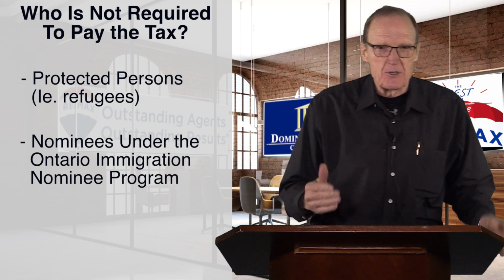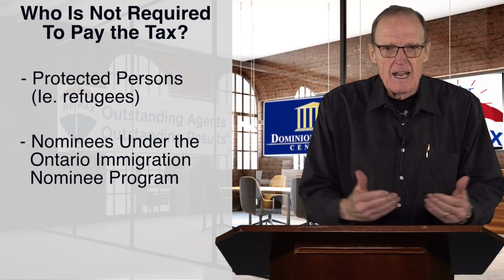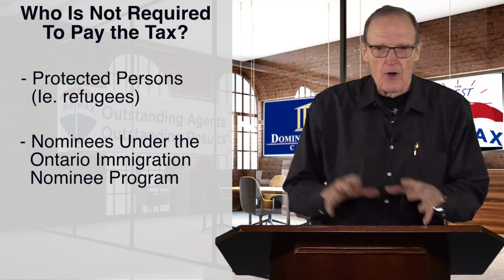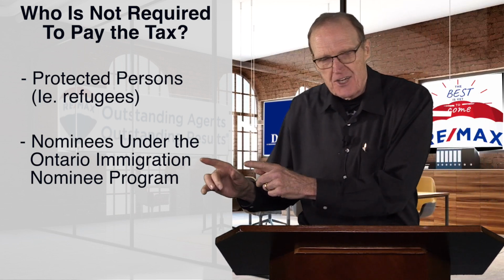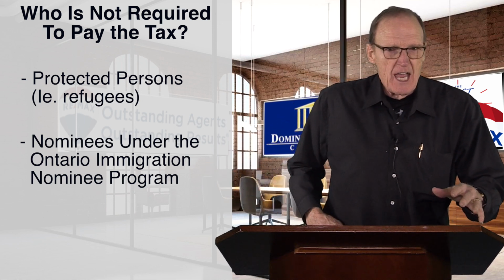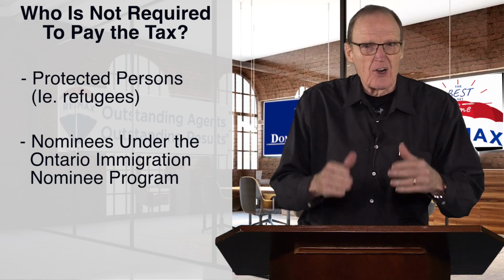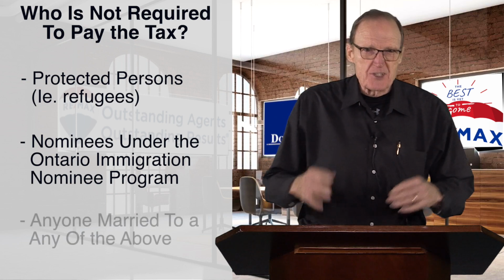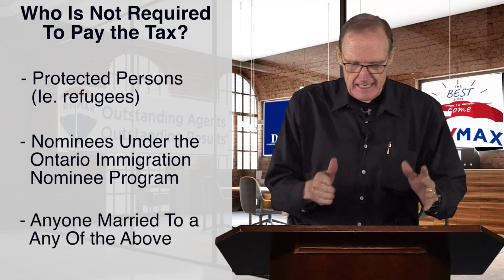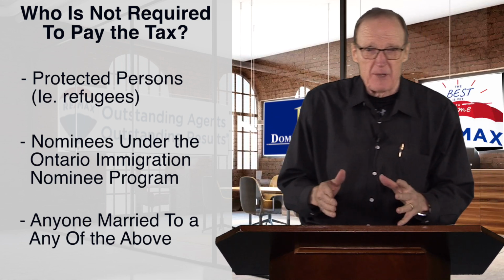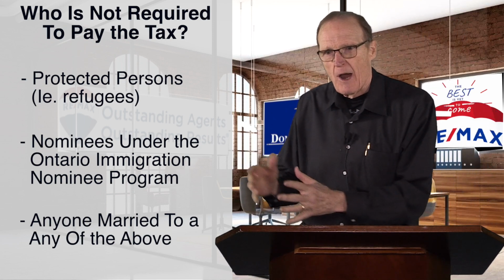They're looking for people who they think we really need in our immigration program, people who have a skill set or experience or an education that fits the criteria. If these people want to buy a house and they're a nominated person, then they're going to be exempt from the tax as well. Also, any person who is a spouse of a Canadian citizen, a permanent resident, a protected person, or a nominee is not required to pay the tax. So those are the exemptions we have.